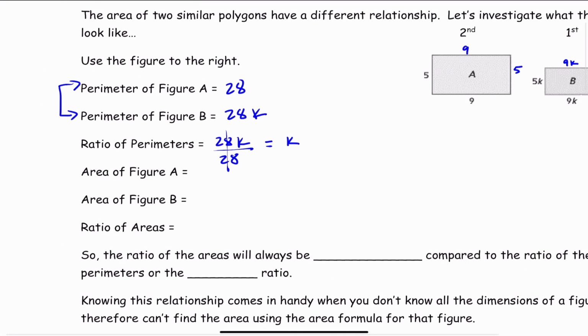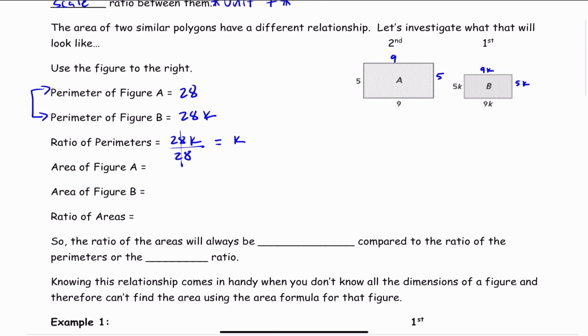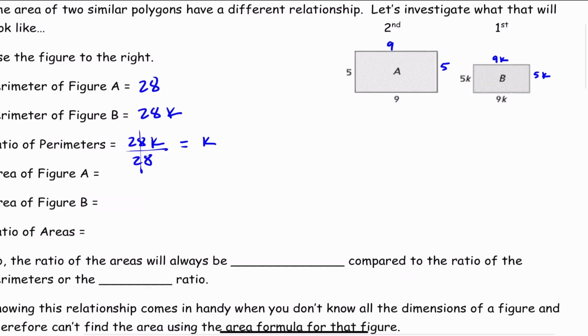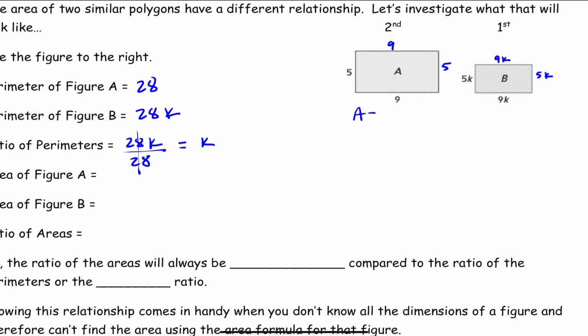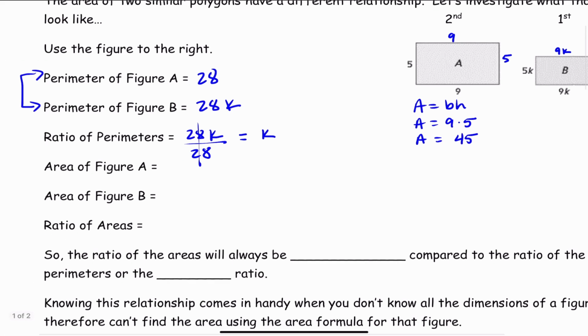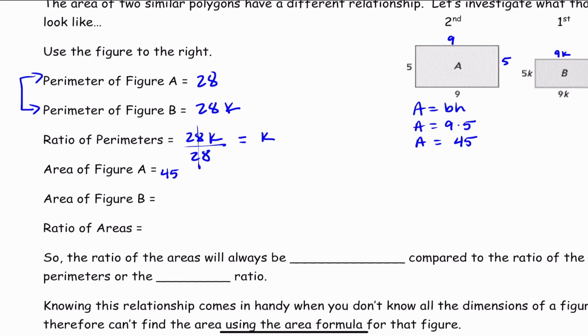Now what I want to go ahead and do is find the area of figure A. Well, the area of figure A, it's A equals base times height. The area is equal to 9 times 5, so area equals 45. So the area of figure A is 45 units squared.